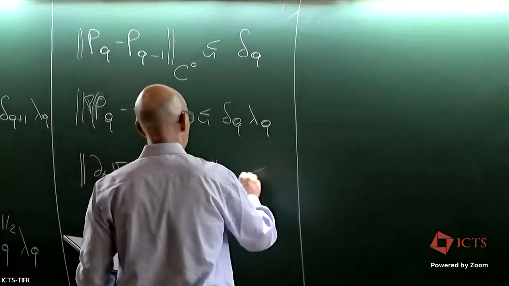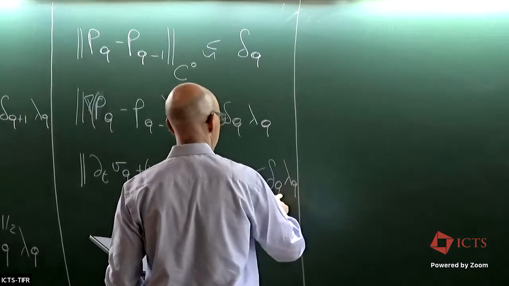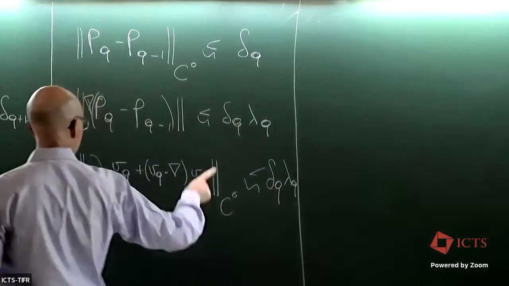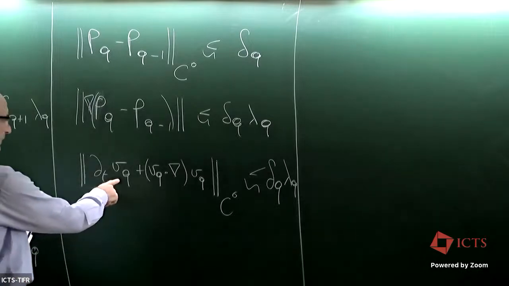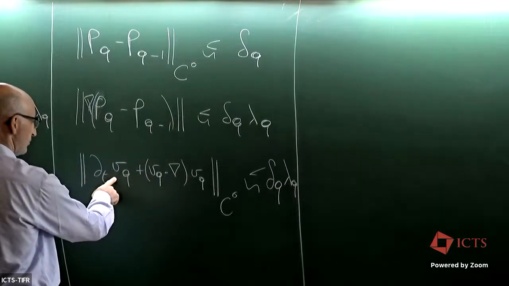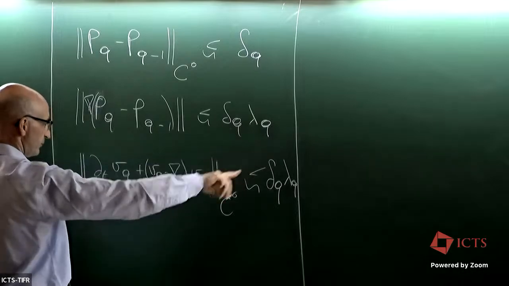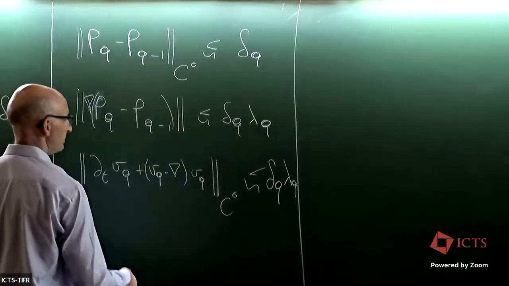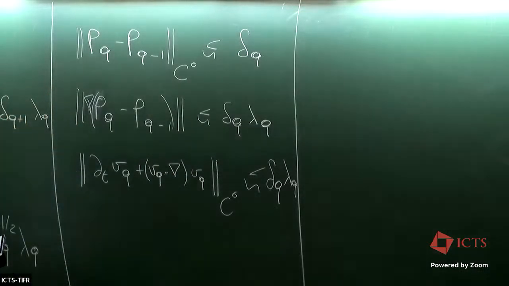So it's interesting, therefore, to guess that it improves compared to the silly estimate. Because you see, I could make the estimate separately. I could estimate the time derivative by using the equation and putting all of the things on the other side. And of course, this guy is going to be as big as the derivative of VQ, so I would get delta Q to 1/2 lambda.